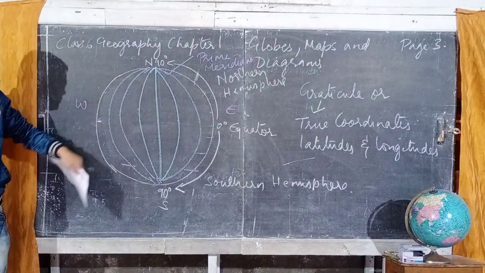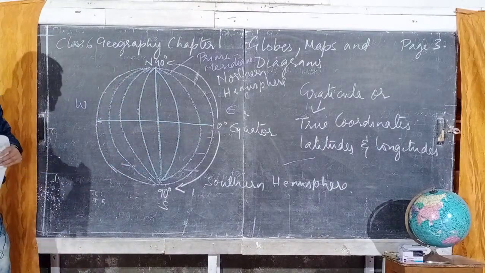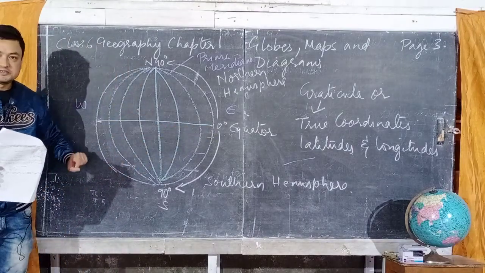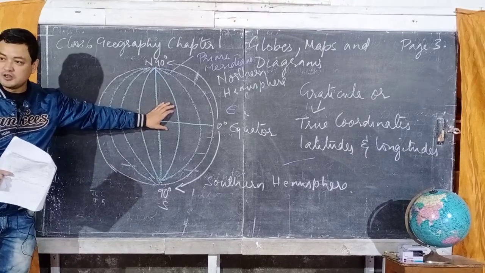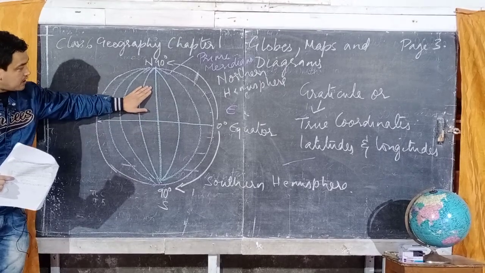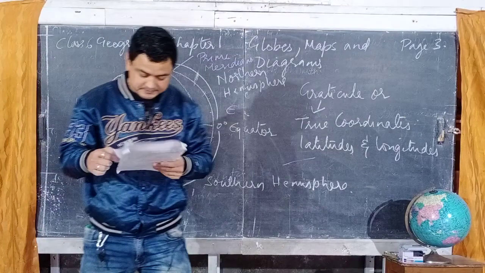I am drawing only the equator here. Where do you find these lines the widest? Near the equator. But if you go a little bit up, it becomes smaller in size. Are you getting my point?